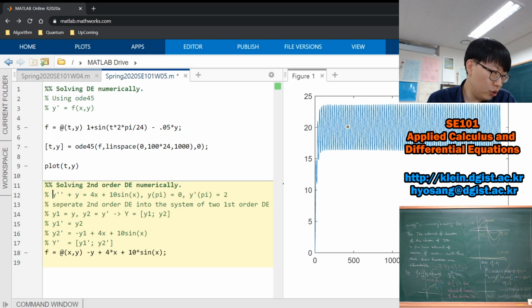So I changed my second order differential equation into a first order differential equation, but the difference is that this is a single differential equation, but this equation consists of two differential equations. So it's a system of differential equations. So this is y2 and minus y1 plus 4x plus 10 sine x. So this is a setup. This is background.